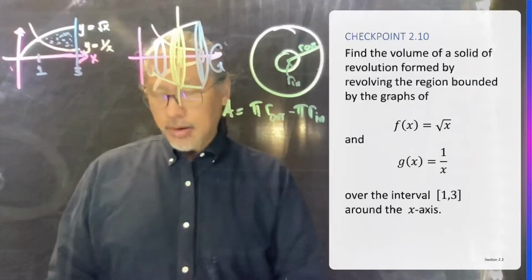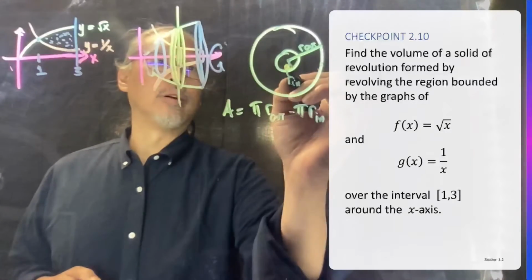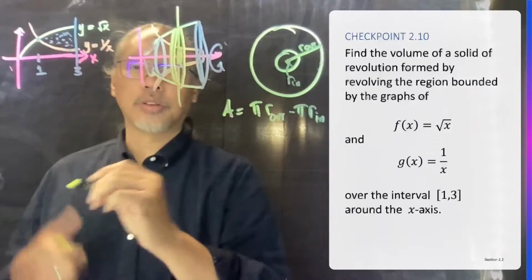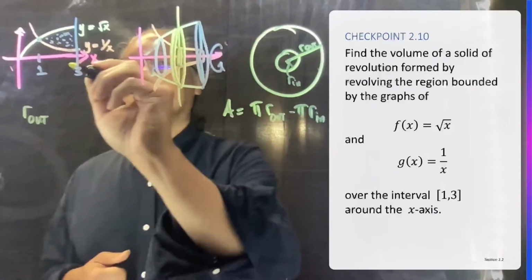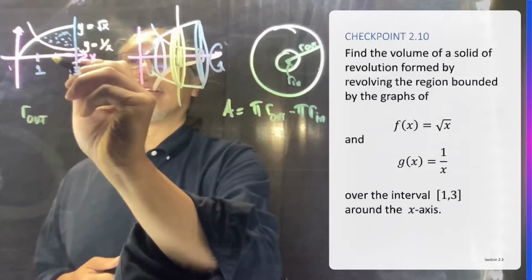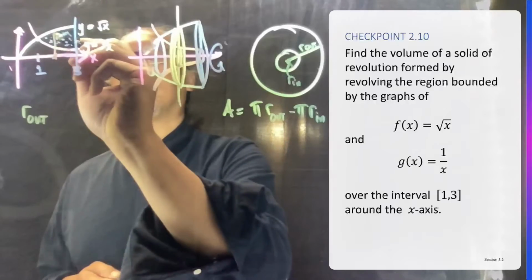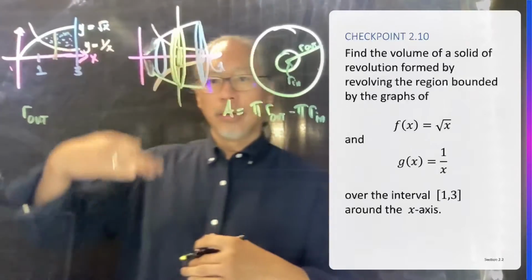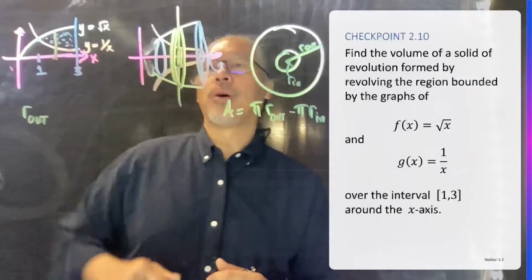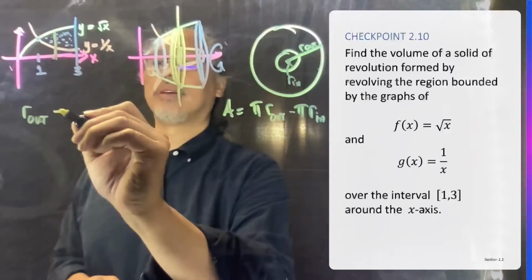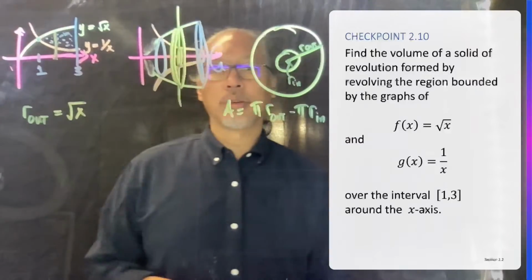If we think about R out, just think about that as going from the axis of rotation. Your center point is always going to be the axis of rotation, and the axis of rotation in this case is the x-axis. You're going to go from the x-axis all the way to the farthest part of your region, and that hits the function y equals square root of x.